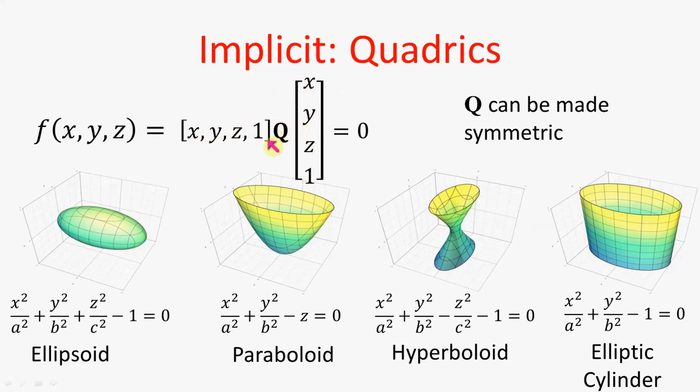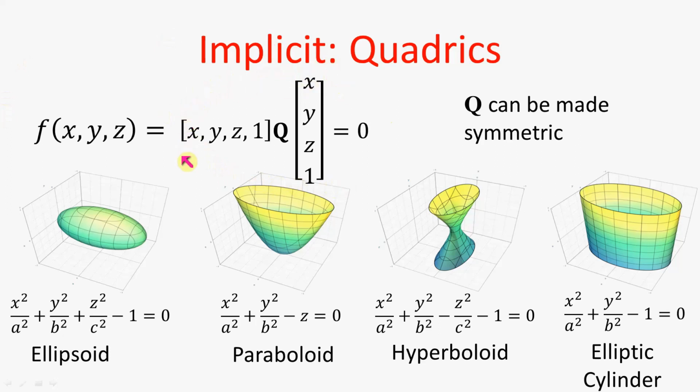It is always possible to express this 4x4 matrix as a symmetric matrix. So we can say that all possible ellipsoids with arbitrary center, arbitrary orientation, and similarly all possible paraboloids, hyperboloids, cylinders, and so on can be expressed in the same form.